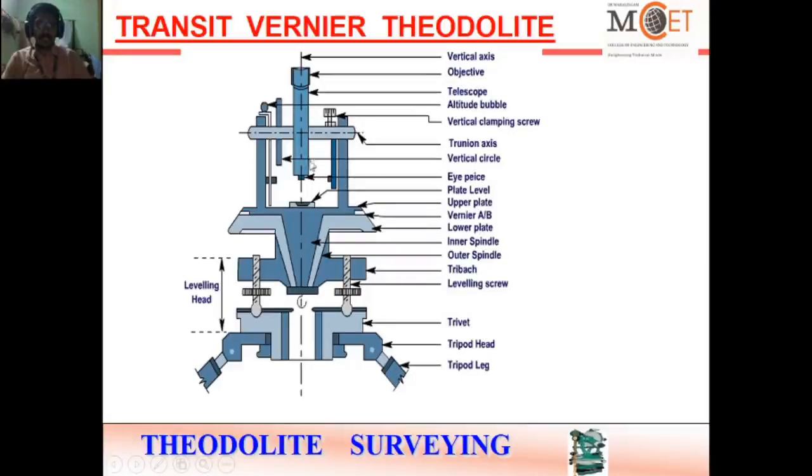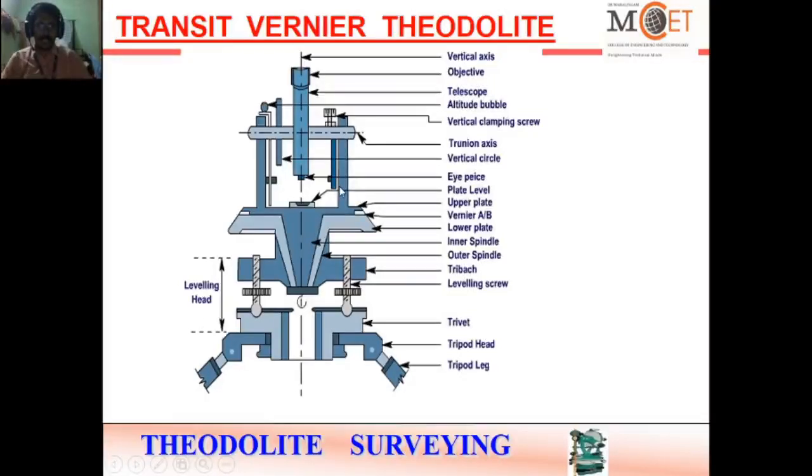And this is the telescope, which can be rotated 360 degrees in both ways, clockwise or anti-clockwise. You can rotate the telescope also, right? And it can be held at a particular position also. So this is the horizontal axis, vertical axis, tripod portion, leveling head, and this leveling head we are going to see in detail, and each and every remaining part we are going to see in detail.